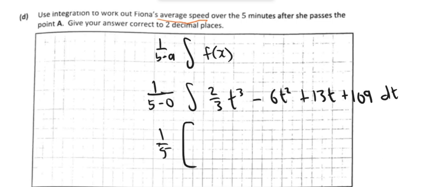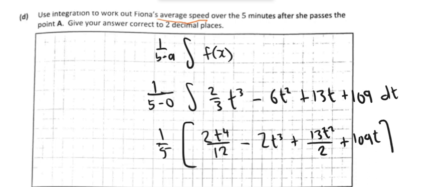And then this will become 2t to the power of 4 over 12, because we're multiplying by 4, minus 6t cubed over 3, which is just minus 2t cubed, plus 13t squared over 2, plus 109t, and that's between 5 and 0.